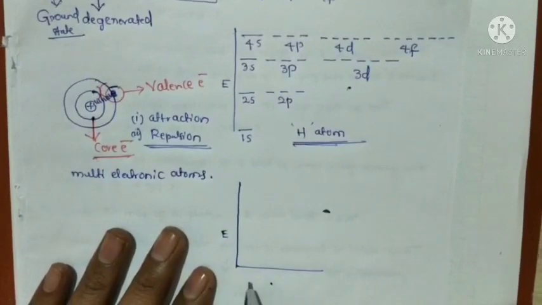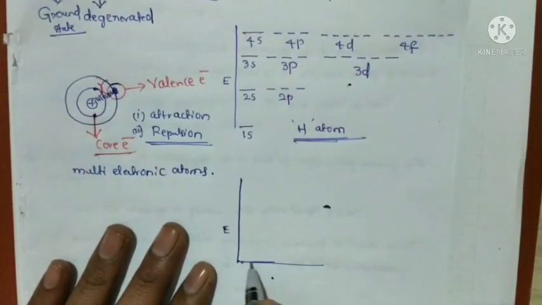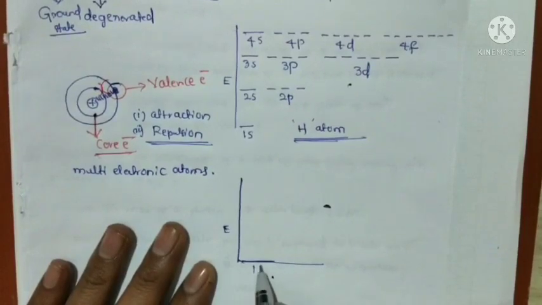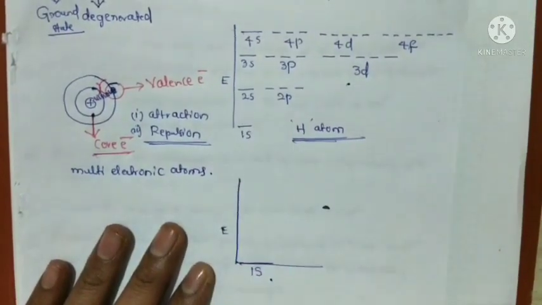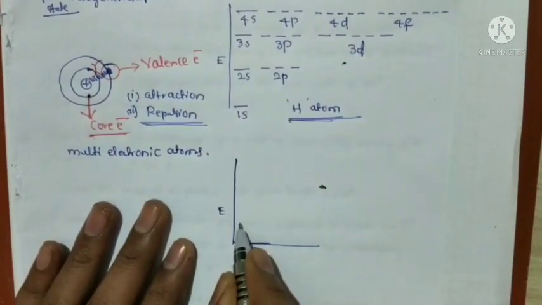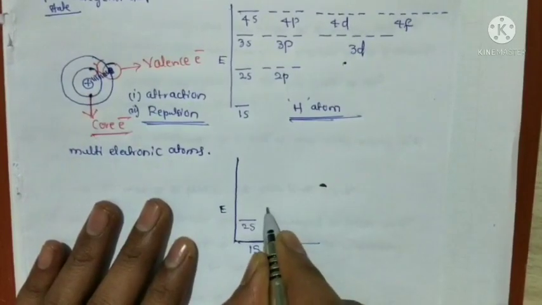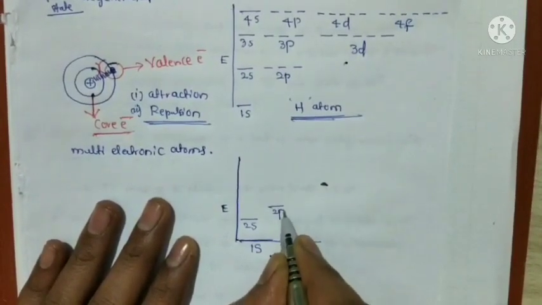Only one line is there, that is 1s. The 1s orbital energy, and next 2s, and the 2p orbitals also have different energies.